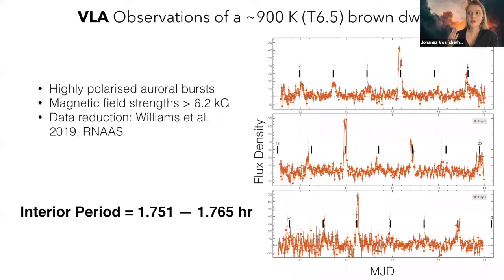And again, we used two methods to determine the period. The first of which is the time of arrival analysis that was developed by Peter Williams, one of our co-authors who is the radio expert. And we also used the same periodogram bootstrap method we used before. And both methods agree, and we get this period range for the radio.